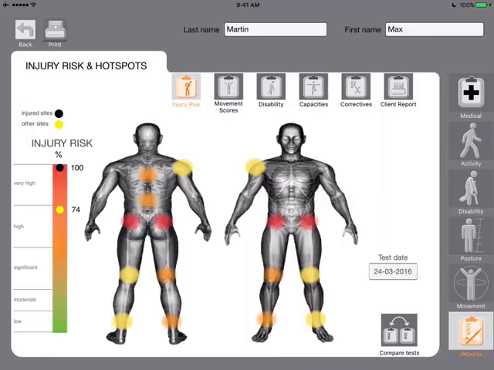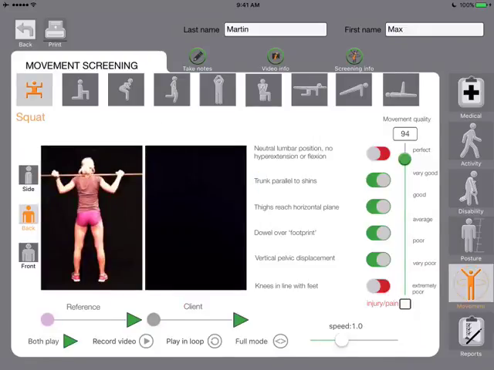The way that we arrive at these hotspots is, if we go back to the movement questions, for example the squat, each of the questions relates to function at certain joints.